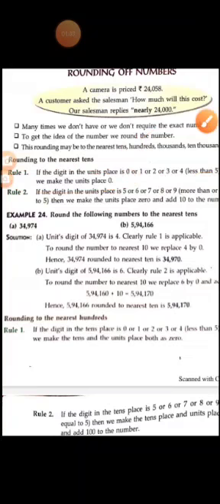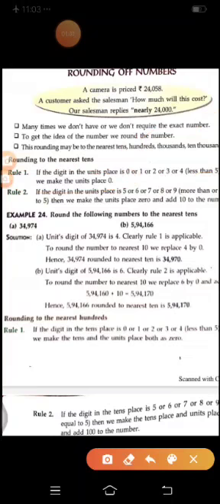And the other rule is, if the digit in the unit place is greater than 5, then we make the unit place 0 and add 10 to the number. Okay, we can understand it with the help of an example also.